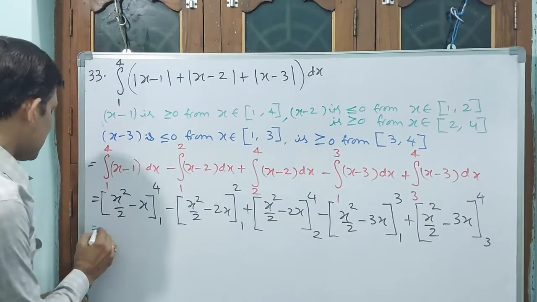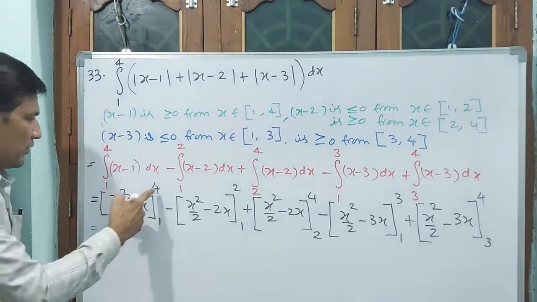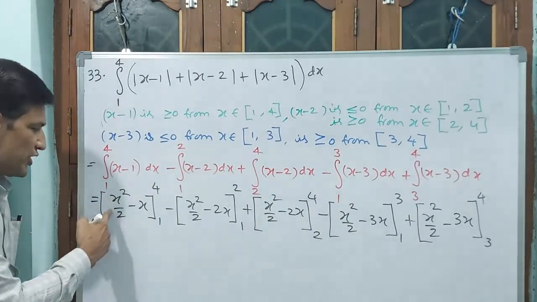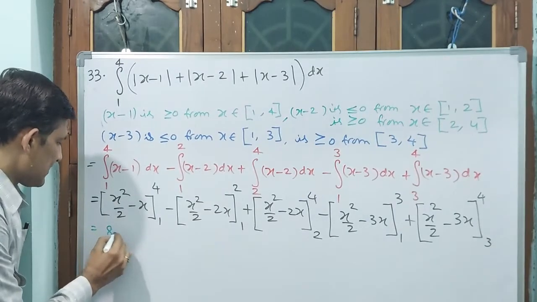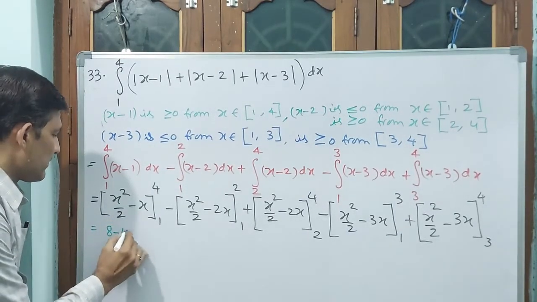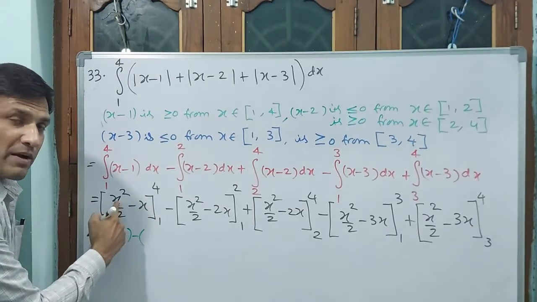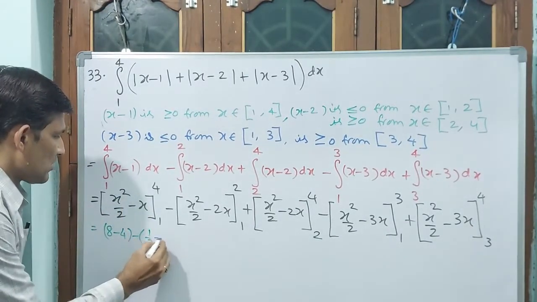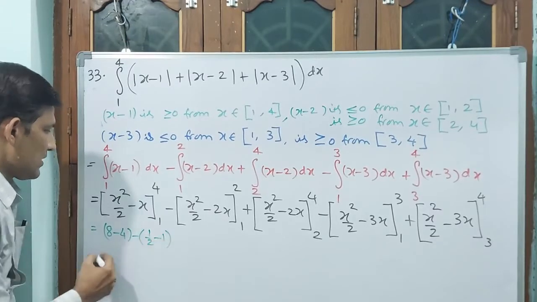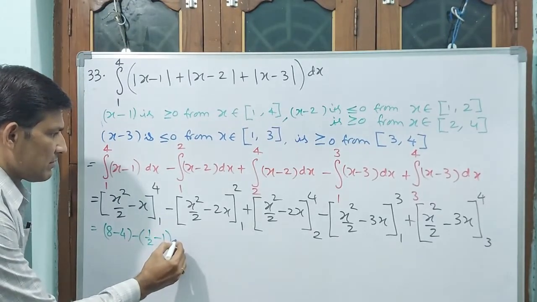See, I am applying limit. Both limits we will apply. 4 means 4 square 16 by 2 is 8, minus 4, minus 1 square 1 by 2 minus 1. You can keep directly.